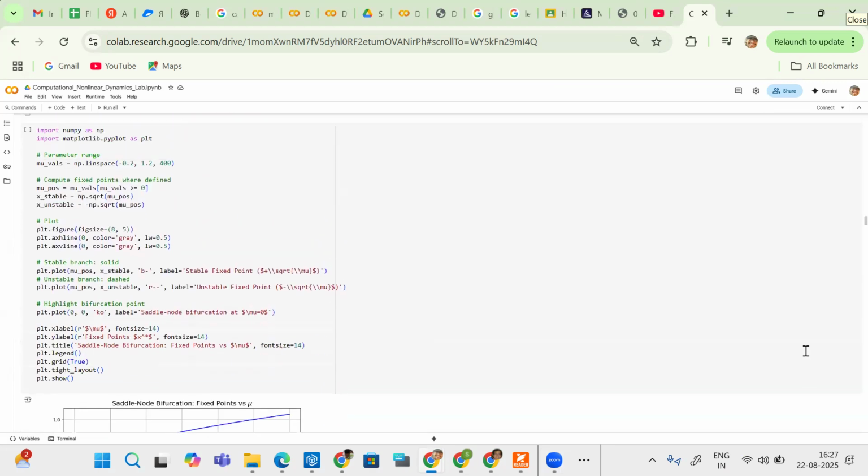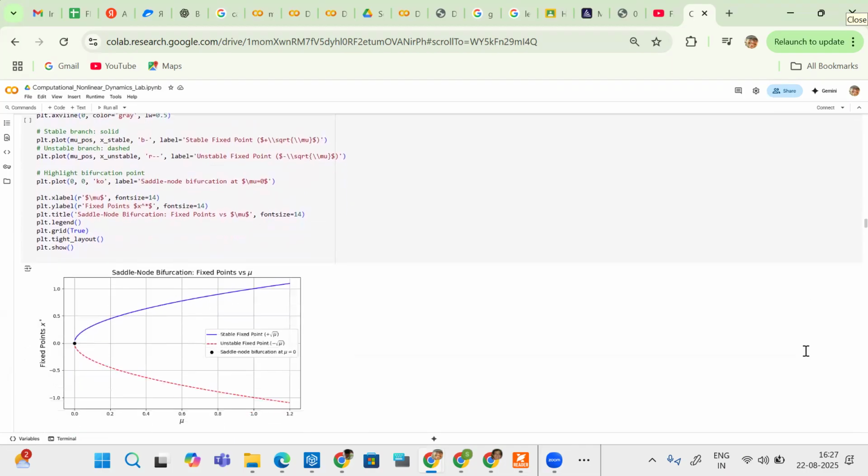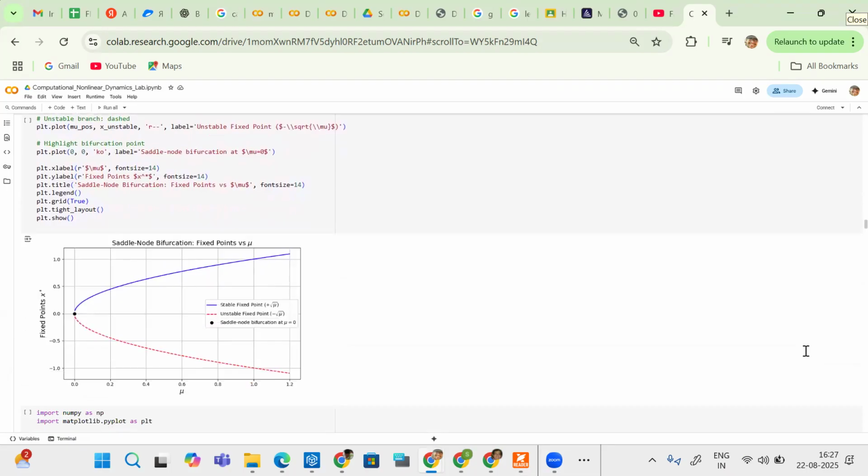Yes, you can see here the same function which I have given you, I am taking over here. You can see this phenomenon happening right now. The y-axis is the fixed points. The x-axis represents the parameter, right?